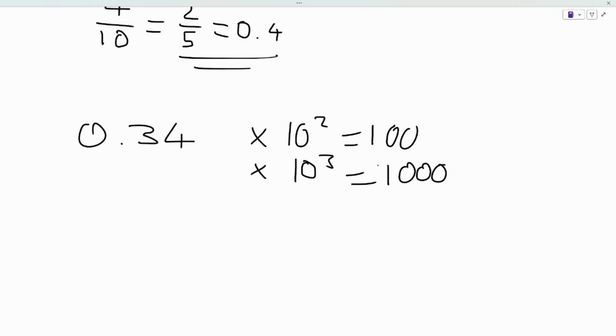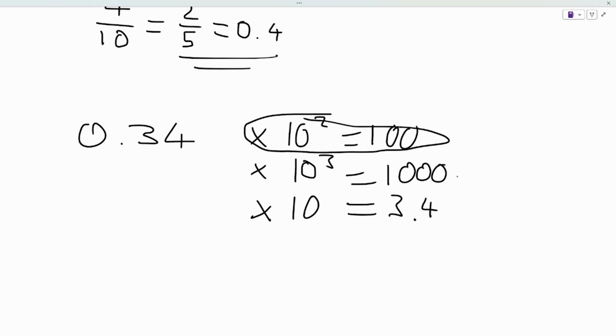You still get to the correct answer in the end. But also, you can't just times it by 10 either, because if we do 0.34 times 10, we get 3.4, which is obviously not a whole number. So that's why we need to use 100. You get to the same answer with 1,000, but it's just not necessary.